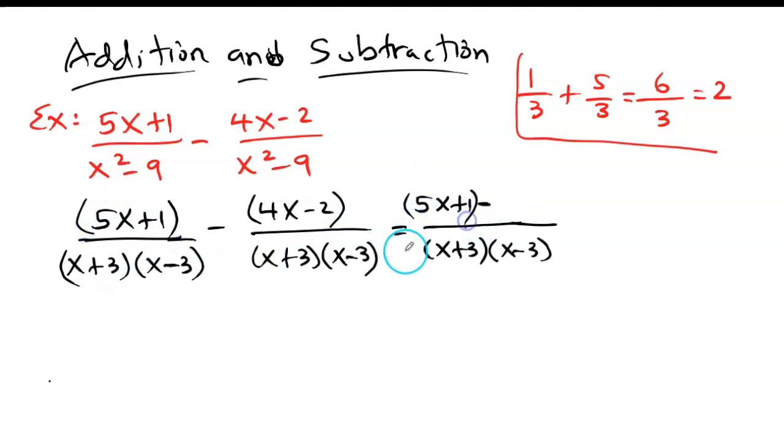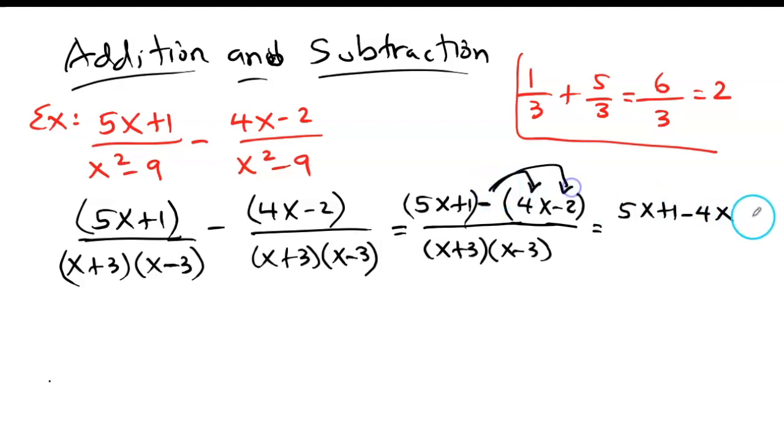So let's try to avoid mistakes. 5x plus 1 minus 4x minus 2. The reason I did this is because now I have 5x plus 1. There's nothing in front of this parenthesis, so I can get rid of it. But this negative will change the sign of the 4 and the sign of the 2. Very common mistake. Same denominator.